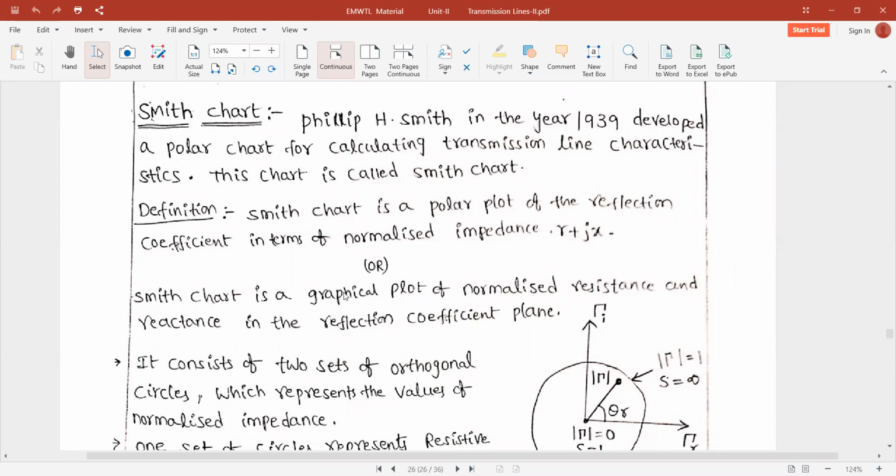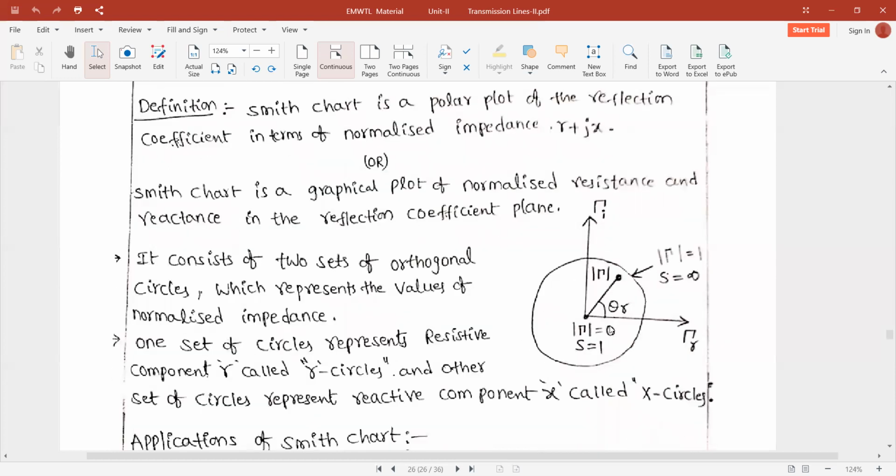Or a Smith chart is a graphical plot of normalized resistance and reactance in the reflection coefficient plane. On the axes, the reflection real term and the imaginary term, the magnitude of the reflection coefficient is 0, and we can draw a circle if S is equal to 1. And when the reflection coefficient is equal to 1, S is equal to infinity.